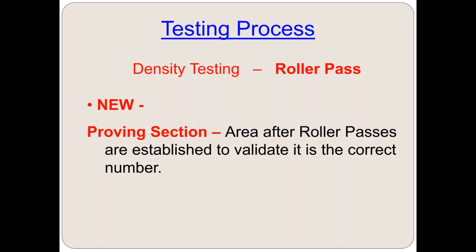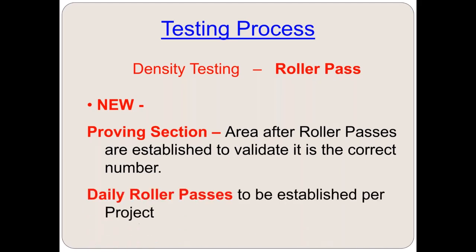Once you figure up the number of passes it takes for the roller pass, then we've got a proving section to validate that that was the correct number of passes for the rollers. And each day on a project, there will be a new roller pass done. So if you have a project that lasts 3 days, we'll have 3 roller passes for that project.